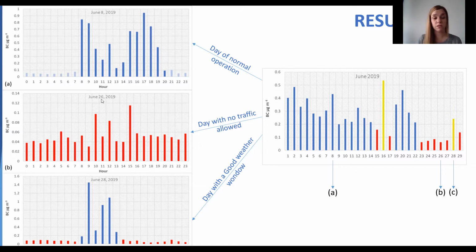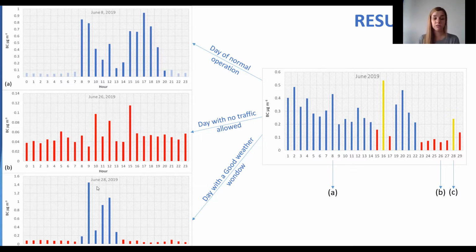On this day, the 26th, traffic was not allowed all day. So all day the levels were very low. If you look at the axis, the level of black carbon was very low and more constant than in the case of normal operation.